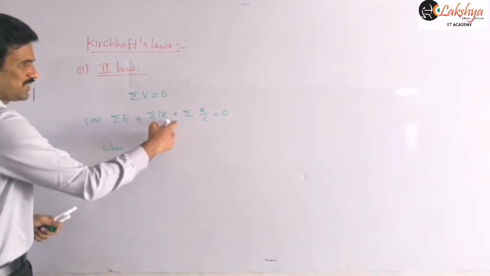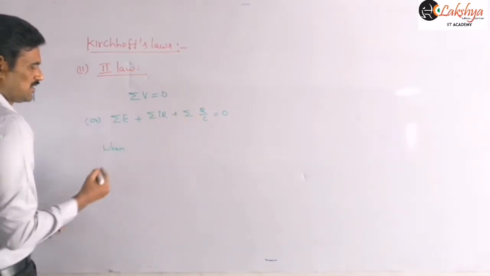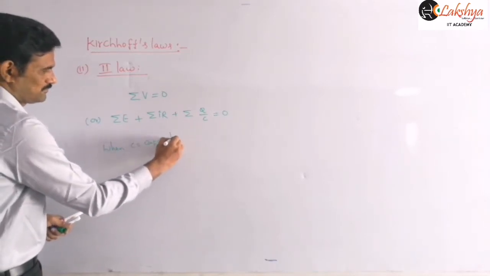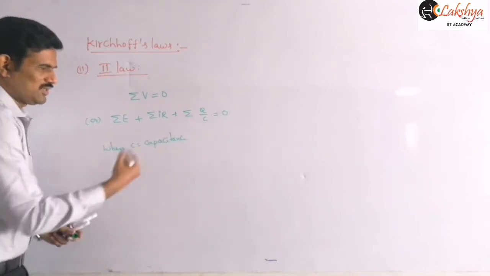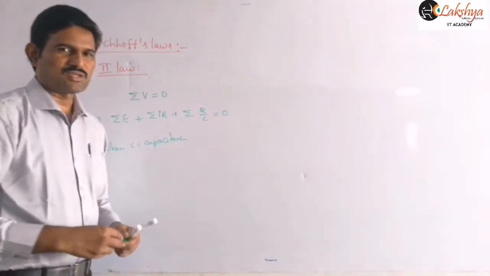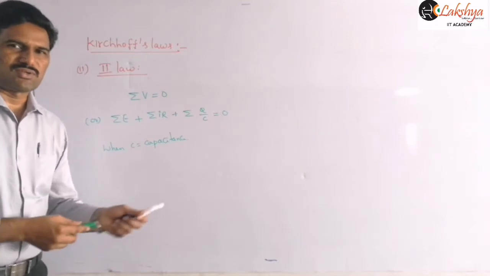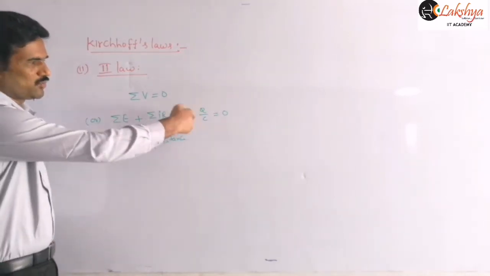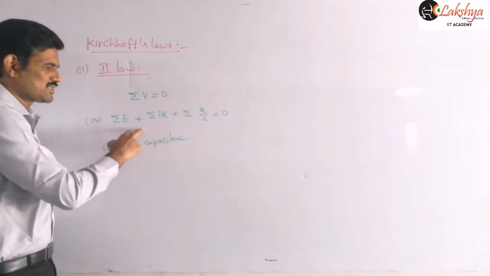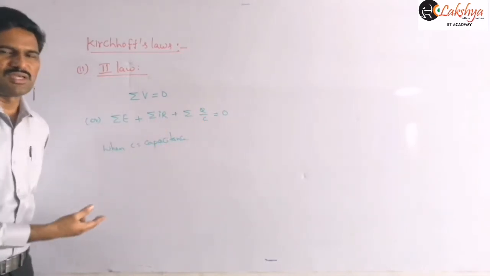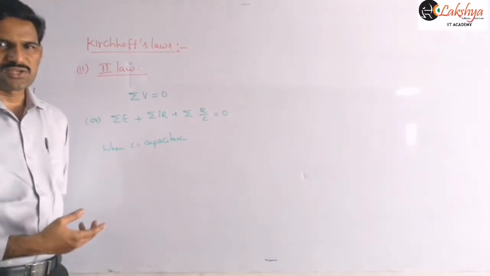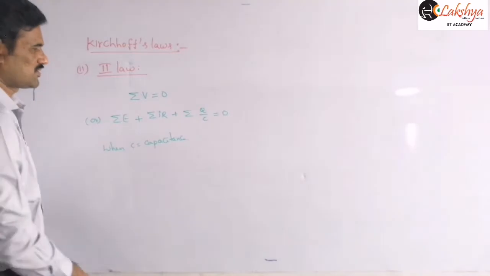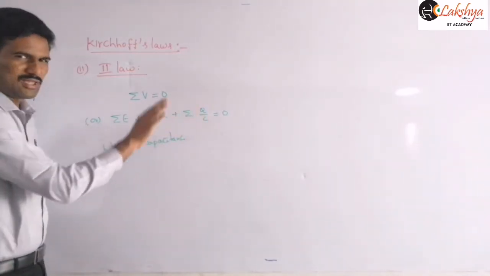This is EMF and IR is the resistance and current, Q is the charge and C is the capacitance here. We will discuss the capacitance later in the next topic, after current electricity. So in this topic we won't get such a term, and instead of this resistance it may be internal resistance or external resistance. For both of them we will write IR only. So the third term won't be there in this topic, right?